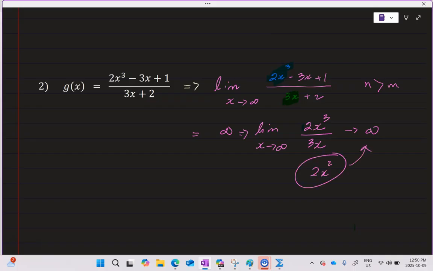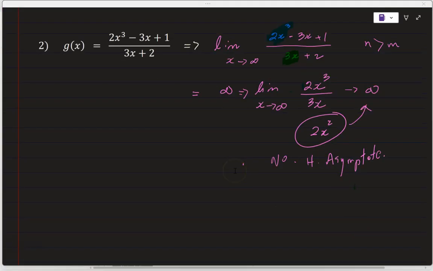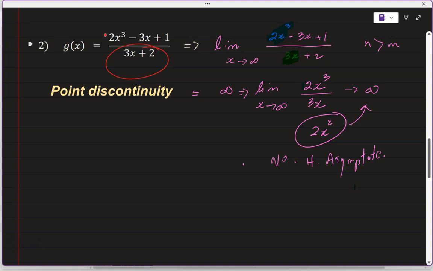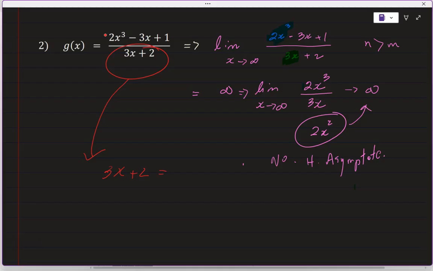And therefore this function has no horizontal asymptote. But what it will have is what is called a point discontinuity based on the denominator. So this is the denominator. Let me bring this down. The denominator 3x plus 2, what is the restriction for the denominator? Well, in this case, you set that equal to 0, and you realize that x cannot be negative 2/3.